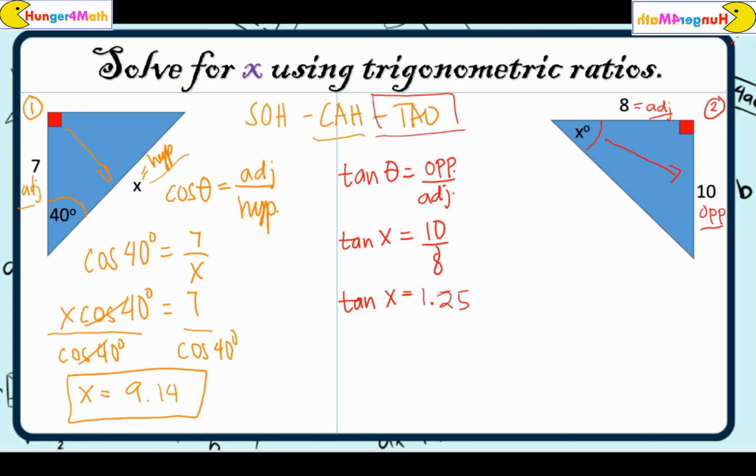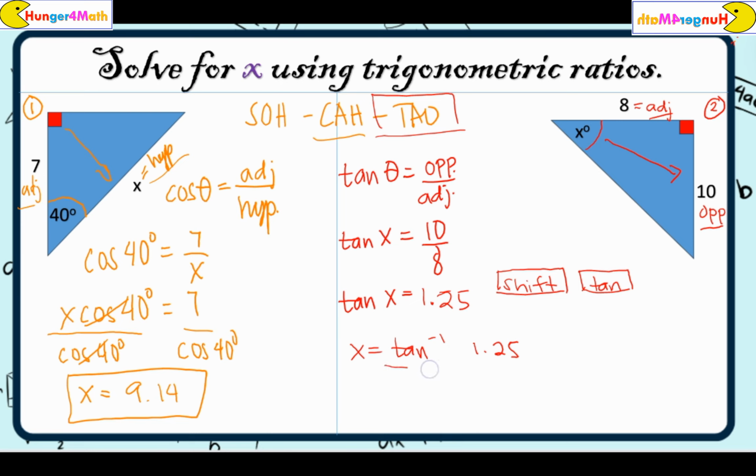1.25. Now, since this is an angle, using your calculator, you have to press the shift button and then followed up with tangent, so that it will look like x is equal to tangent to the power of -1 of 1.25.